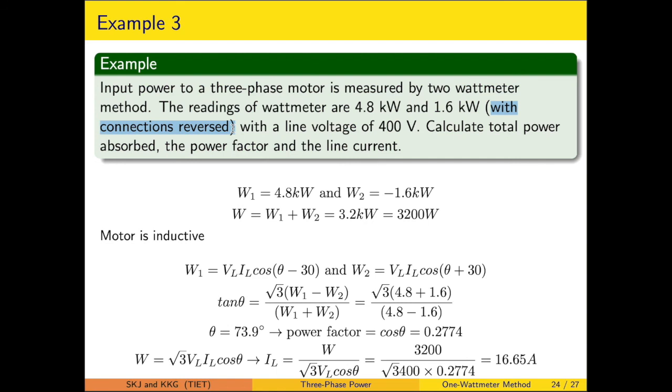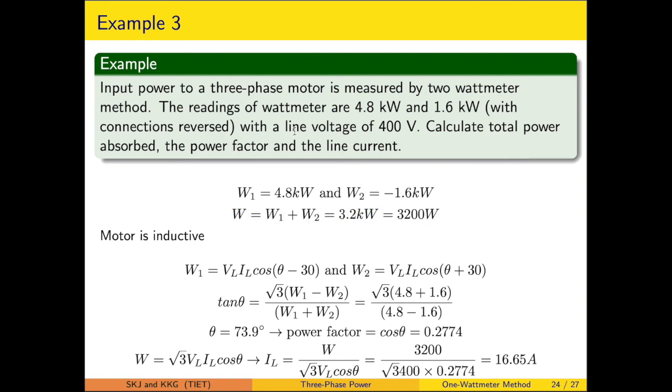But when the pressure coil connections are reversed, we will be taking that reading as negative. So let's say W1 is positive, W2 is negative 1.6 kilowatt. So the total power, which is the sum of W1 plus W2, is coming out to be 3.2 kilowatt.